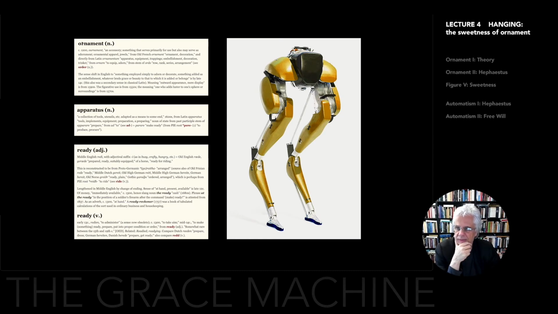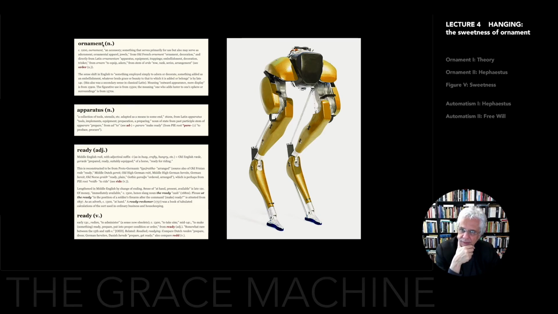But ornament has a lot of meanings, but it quite directly comes from equipment, trappings, even embellishments, of course, and apparatus. Now that word I find very interesting because this directly connects to machines.